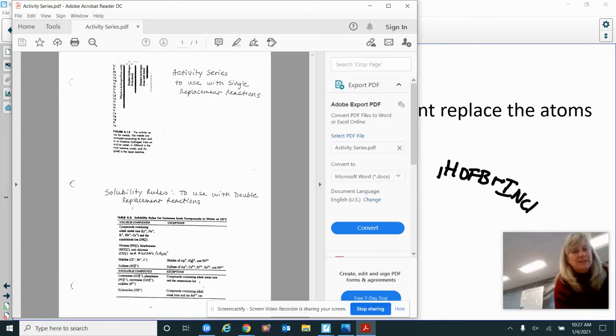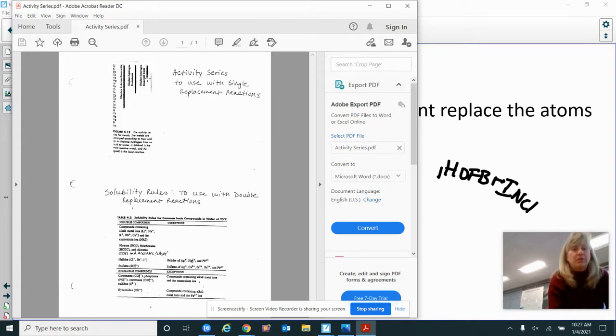This middle one was gaseous water, steam, and then only the top 5 can replace hydrogen from liquid water because it has to be a very reactive metal to be able to replace hydrogen from water.